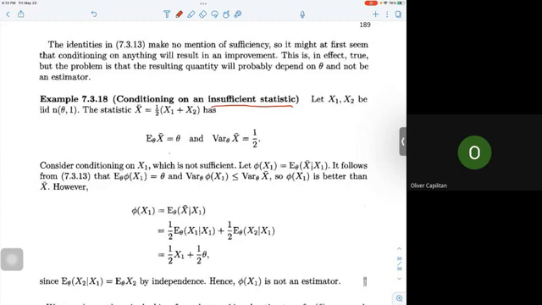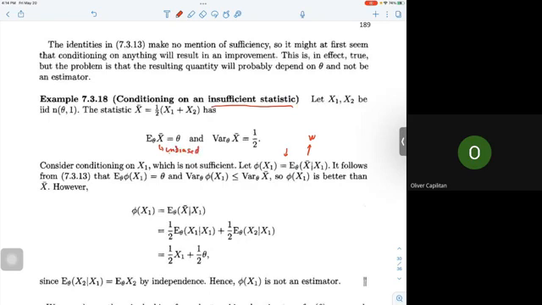We condition it. So we define phi of X1 using the Rao-Blackwell theorem. That is the conditional expectation of our unbiased estimator, right? Earlier W was unbiased. We know this is unbiased because the expectation of X bar is equal to the parameter it estimates.